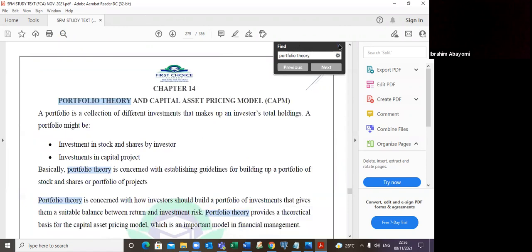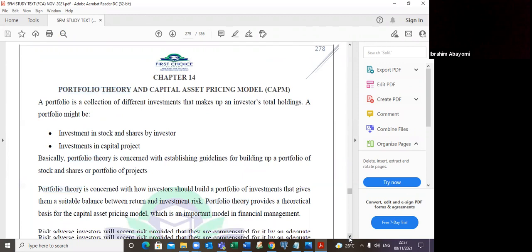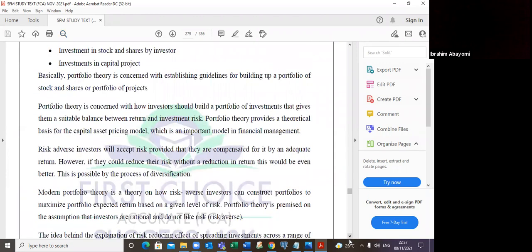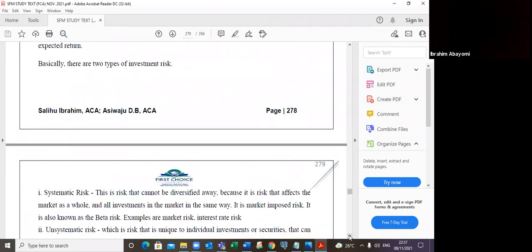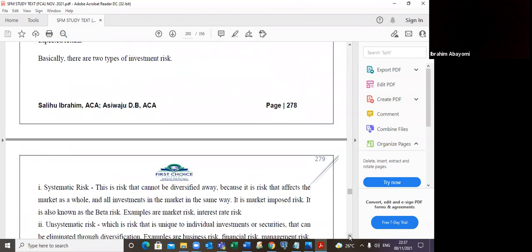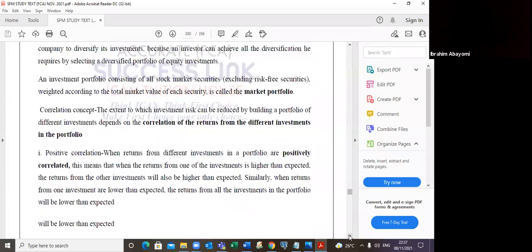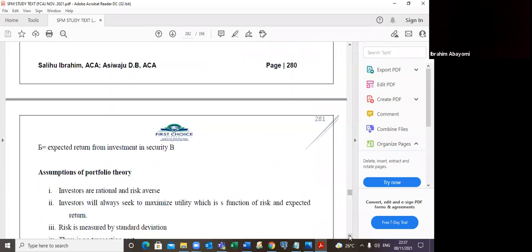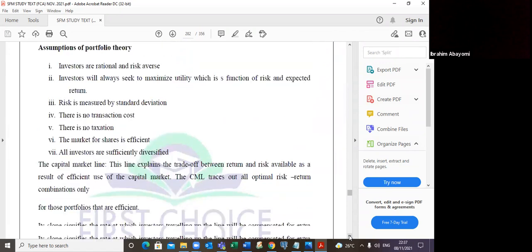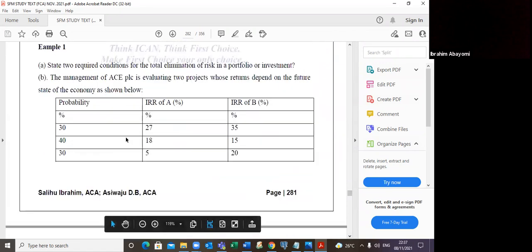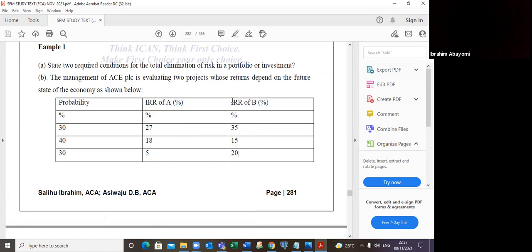If you look at this question here, investment A and investment B both have the same probability.